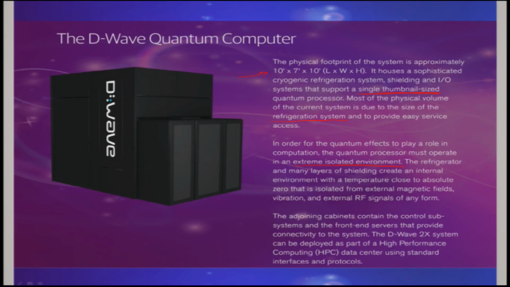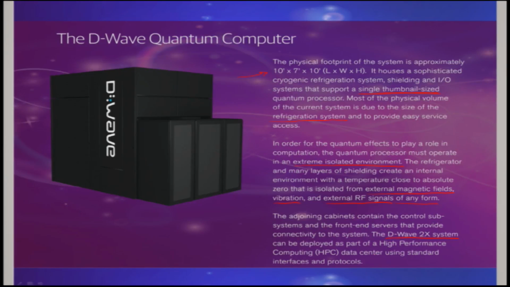The refrigerator and many layers of shielding create an internal environment with a temperature close to absolute zero that is isolated from external magnetic fields, vibrations and external RF signals of any form. The adjoining cabinets contain control subsystems and the front end servers that provide connectivity. The D-Wave 2X system can be deployed as part of a high performance computing data center using standard interfaces and protocols.